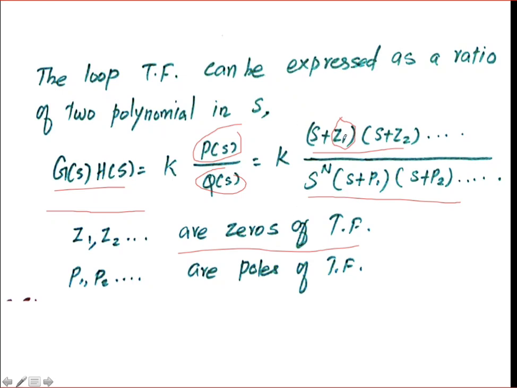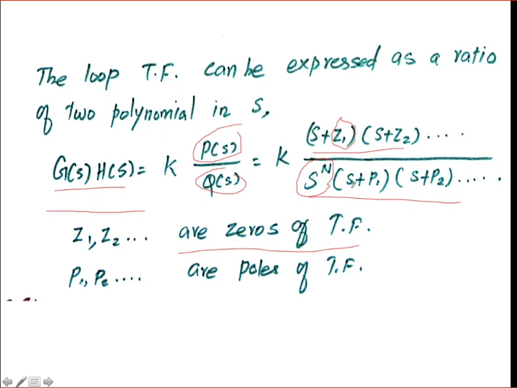Here Z1, Z2 are called zeros and P1, P2, P3 and so on are called poles. Here we have s power n, where the pole value is equal to 0.